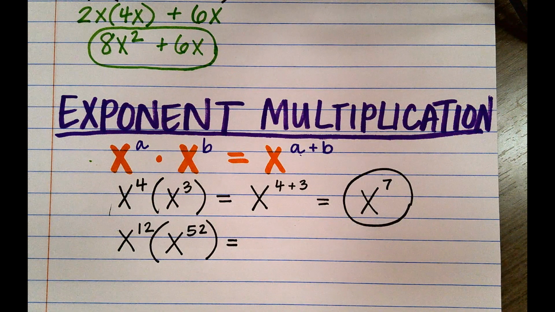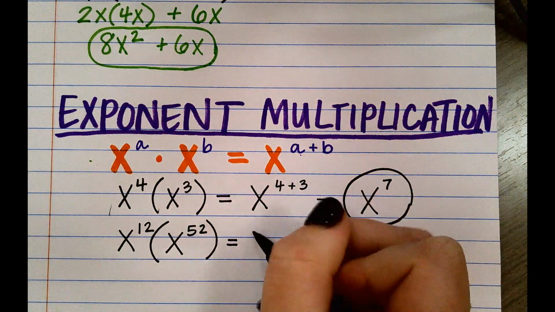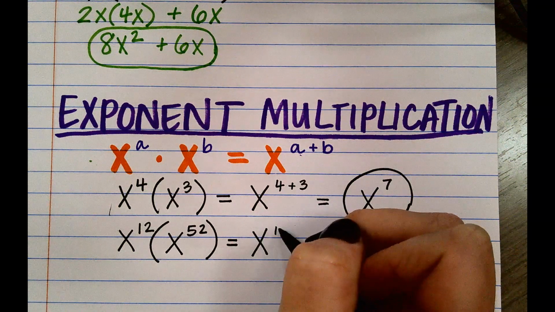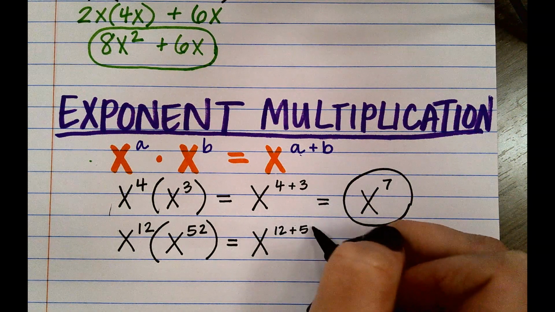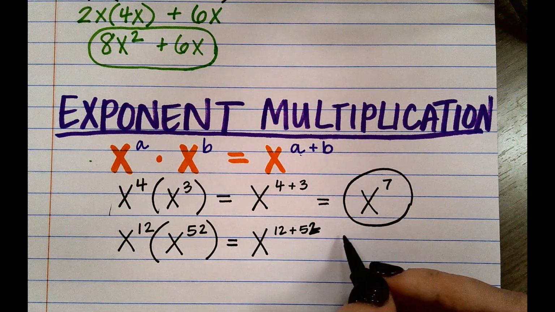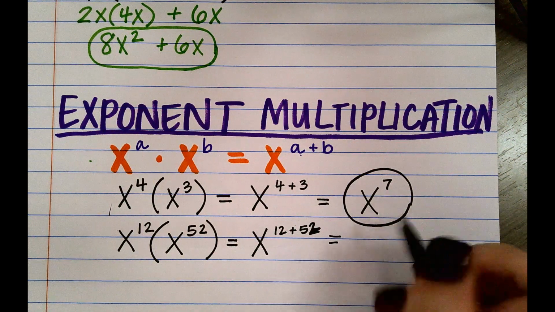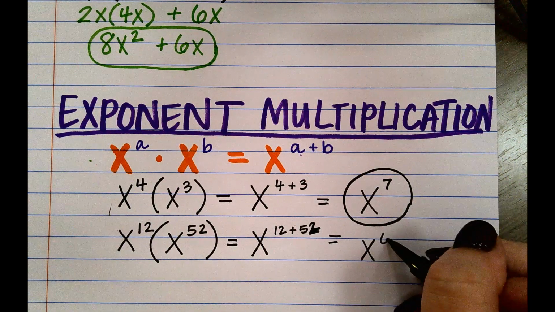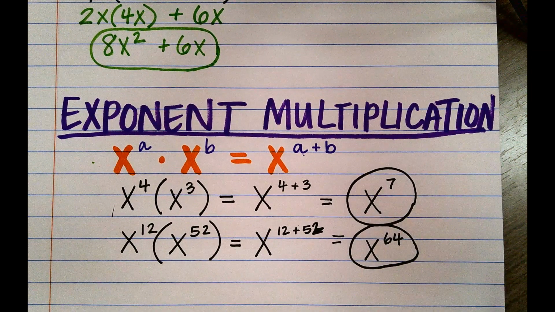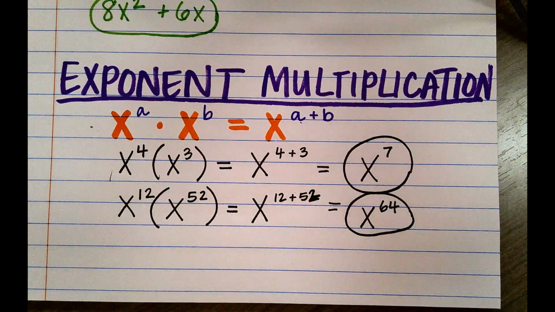No, 64. X to the 12 plus 52. And I believe you are correct. Equals, yes, x to the 64th power. Very good. So you're just adding.